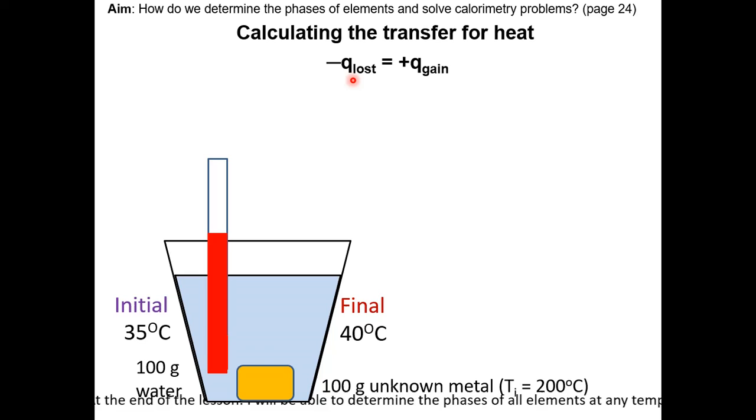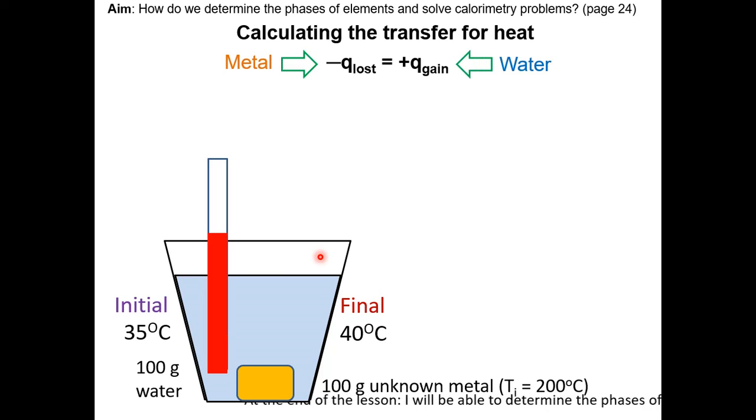Q stands for heat. The heat loss is equal to the heat gain because of conservation of energy. In this experiment, the metal is losing energy while the water is gaining the energy. The energy lost by the metal should be equal to the energy gained by the water, assuming no heat loss.